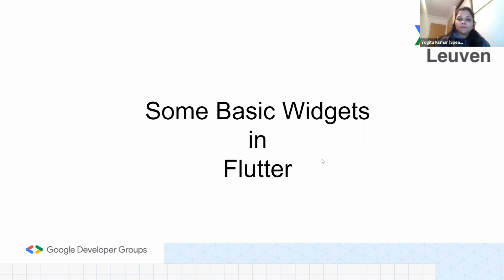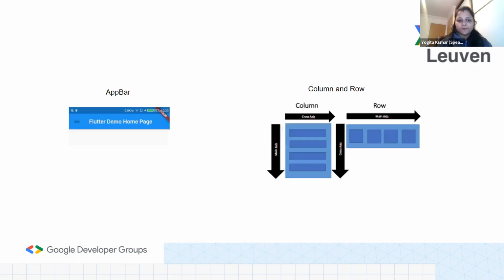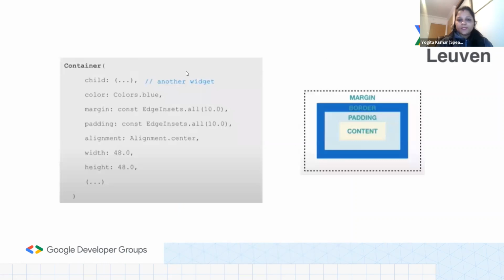Before starting coding, let's see some basic widgets for Flutter that we are going to implement today. App bar. Whenever we start our mobile application, we can see the app bar over here. Then columns and rows. You can see some components that are vertically aligned, horizontally aligned. So these are also widgets in Flutter, like column and row. Also there is the container widget, and every widget in Flutter has some properties you can customize to design your applications.